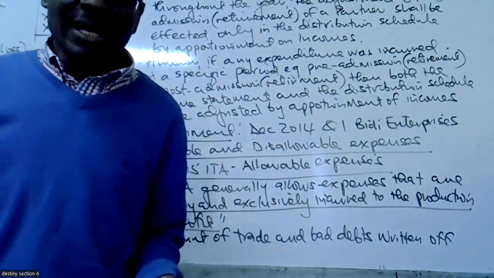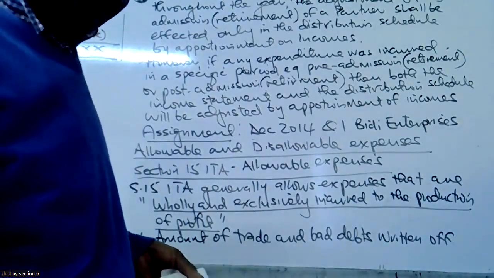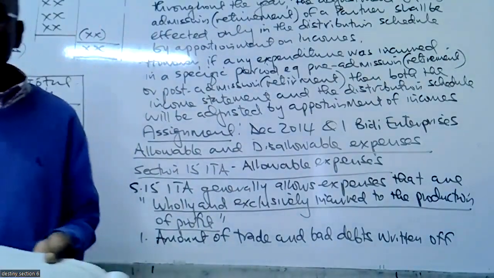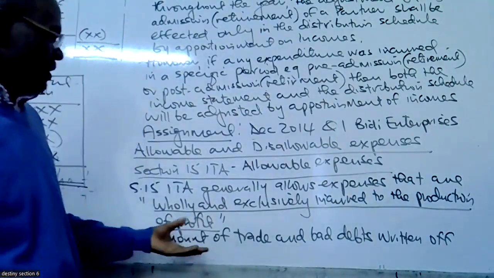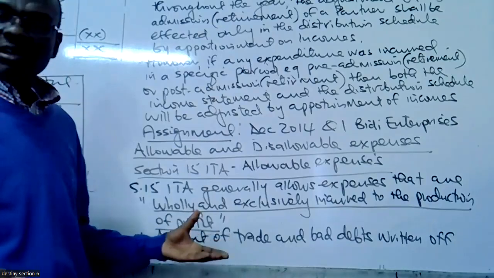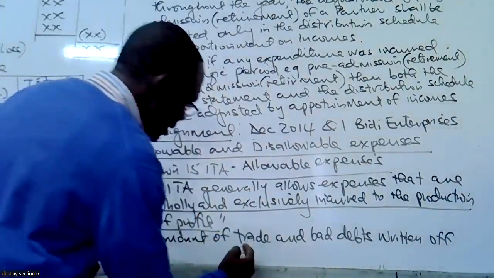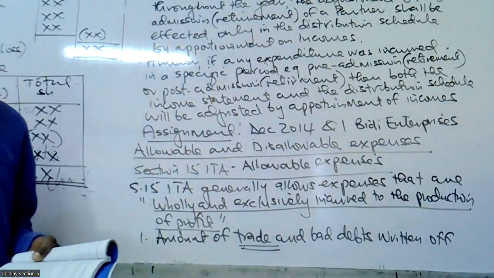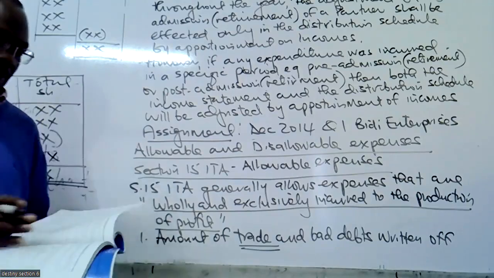An ordinary company giving loans cannot write off that as a bad debt in the income statement, for the simple reason that it will not be a trading bad debt. So our first allowable expense is the amount of trade bad debts written off. The emphasis here is on trade. The bad debts must result from the trade, otherwise the bad debts will not be allowed.